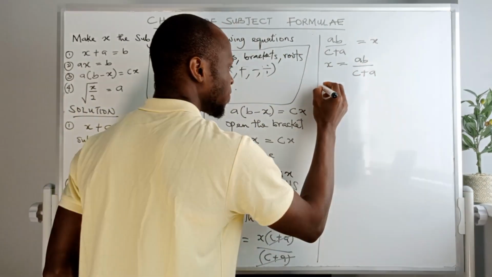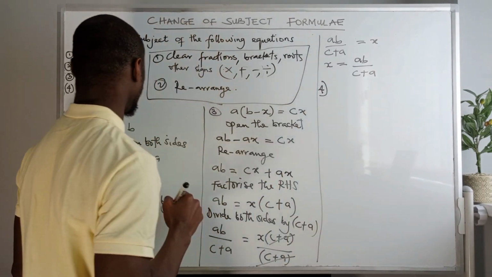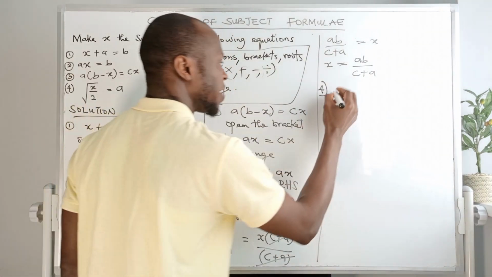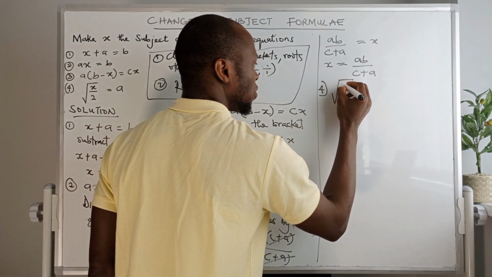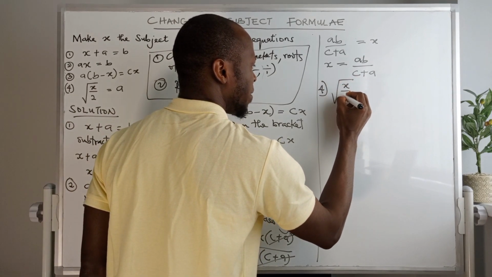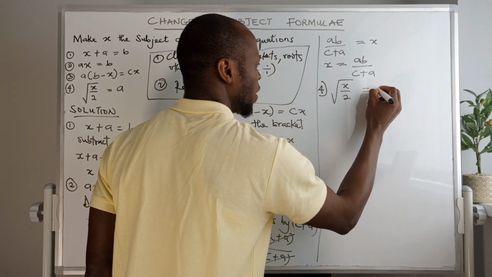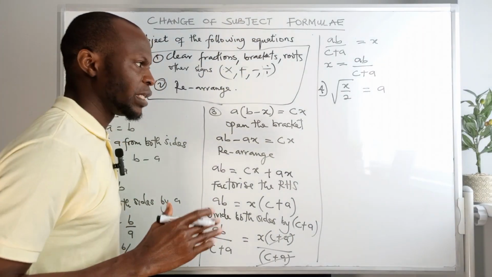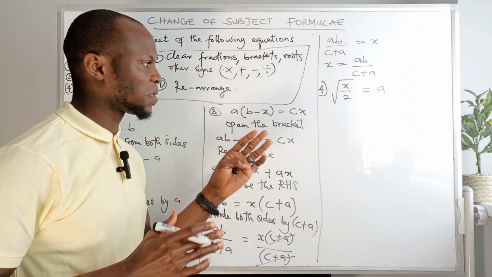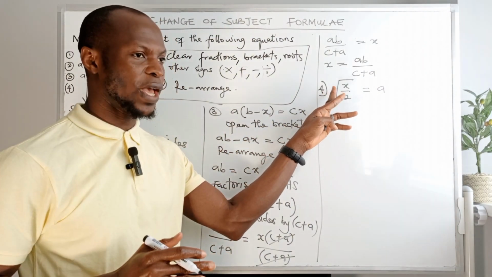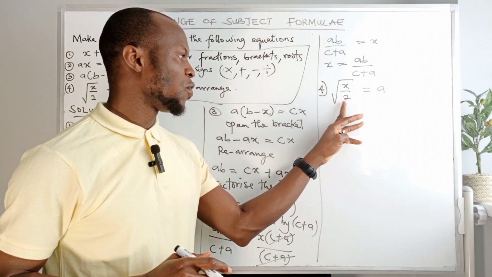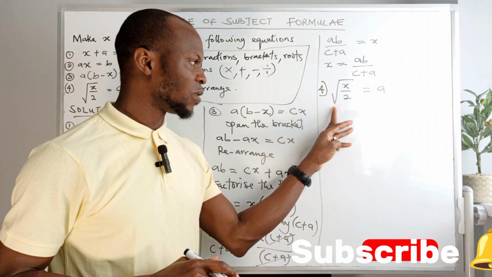Example 4. Question 4. We have to make x the subject of formula when we have square root of x divided by 2 equals to a. In this kind of question, you observe that two things are attached to x. We have 2, we have root. Okay?